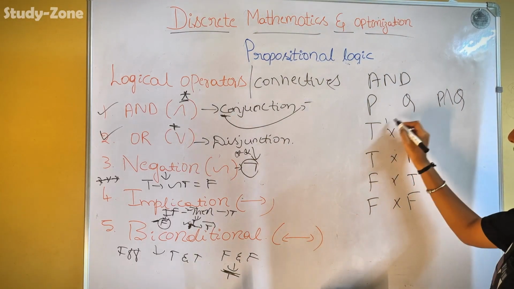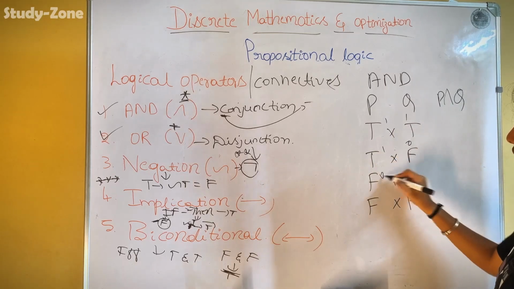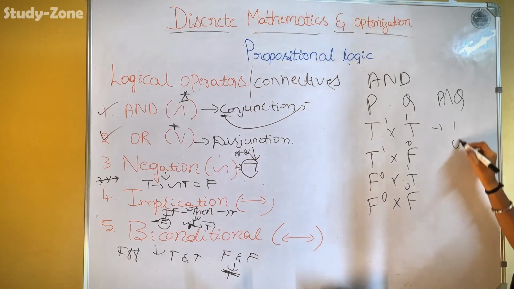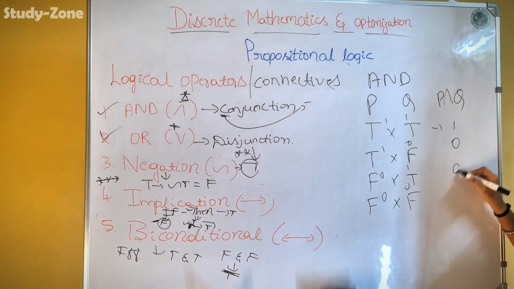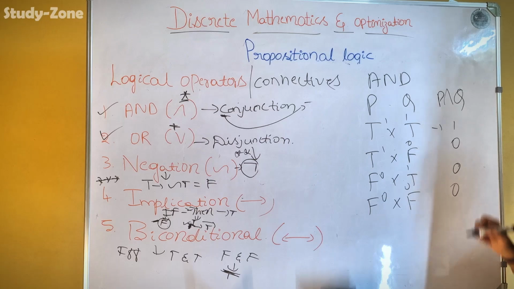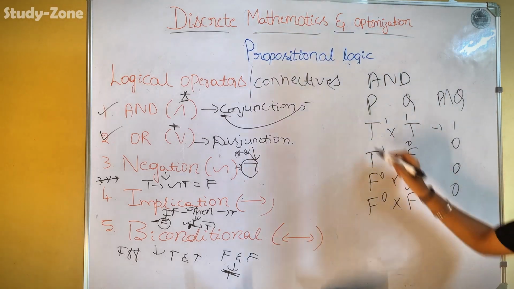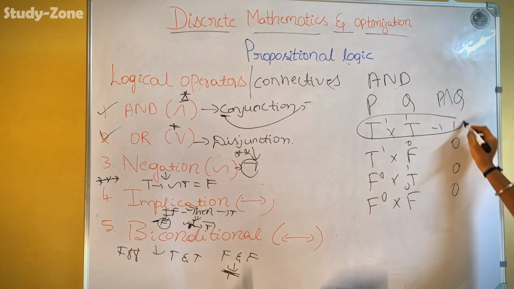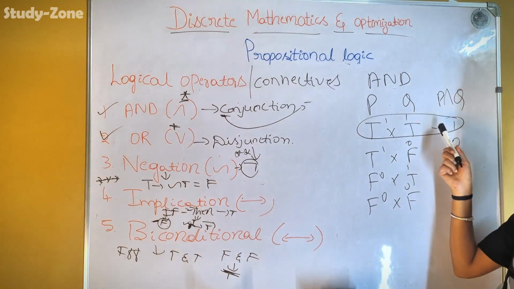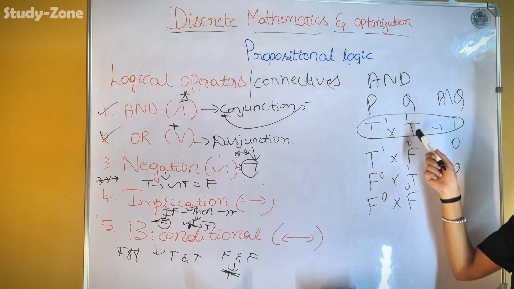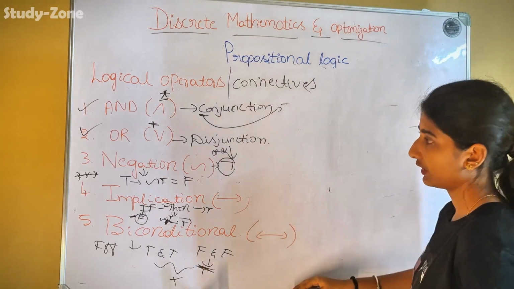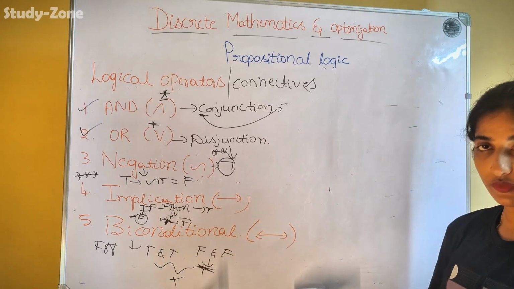So 1, 1, 1, 0, 0, 1, 0, 0. 1 into 1 is 1, 1 into 0 is 0, 0 into 1 is 0 and 0 into 0 is 0. So this will be the truth table of AND. Only if two statements are true, then the whole statement is true.